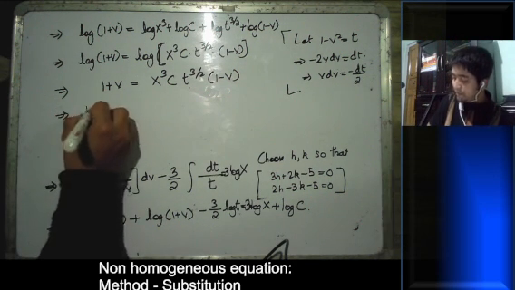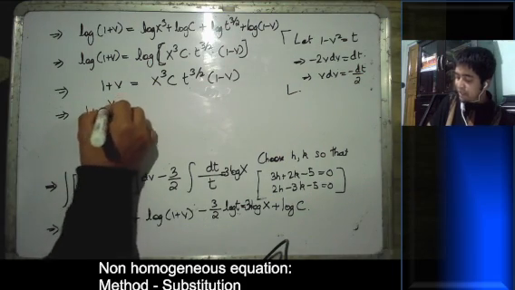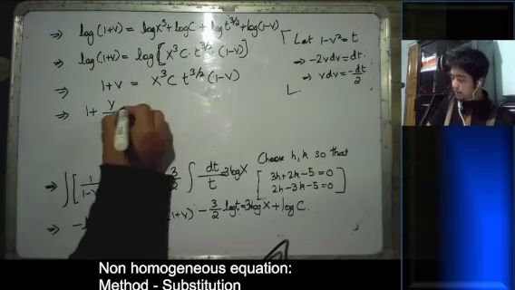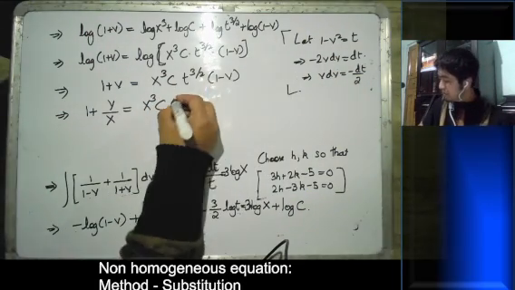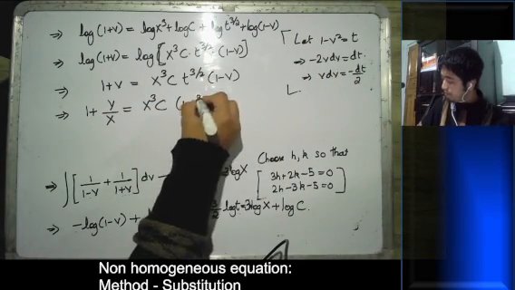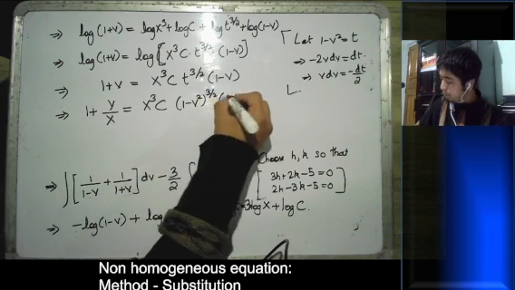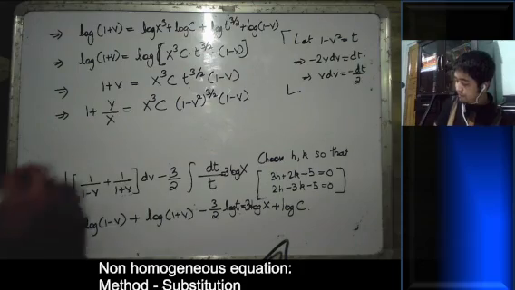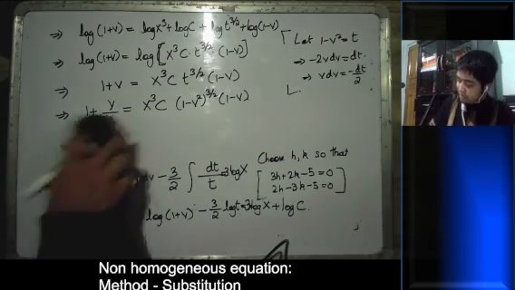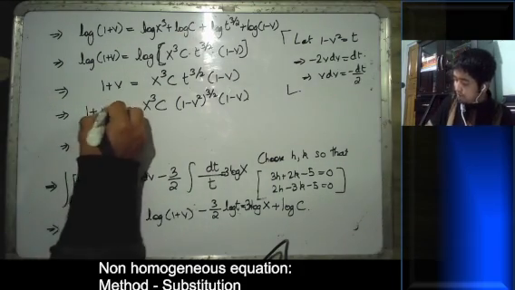So this one will be y by x. So x cube c, t is 1 minus v square to the power 3 by 2, 1 minus v. So this is what we are having. Maybe I'll just write it down as v, so that becomes simpler.